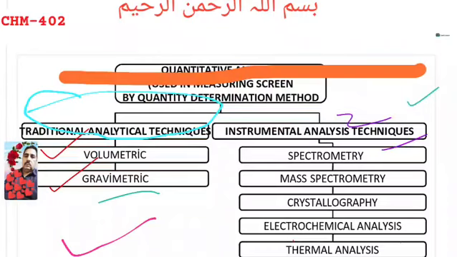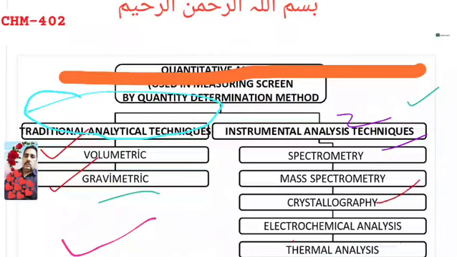Spectrometry is the absorption of radiation and its interaction with matter. It is further subdivided into various types: UV, IR, NMR, mass spectrometry, and various others such as Raman, ESR, and atomic absorption. These are absorption spectroscopy.